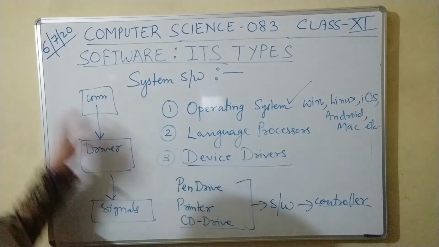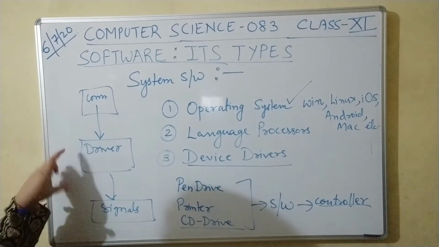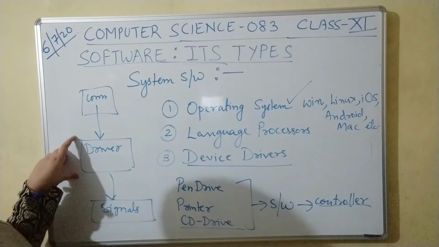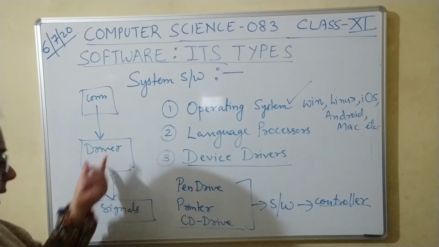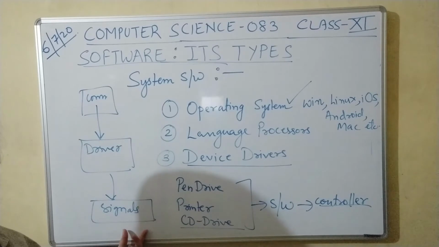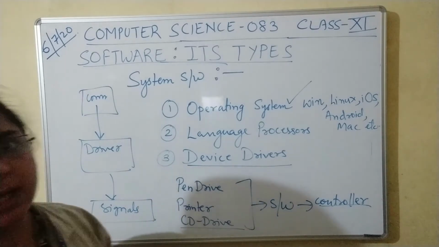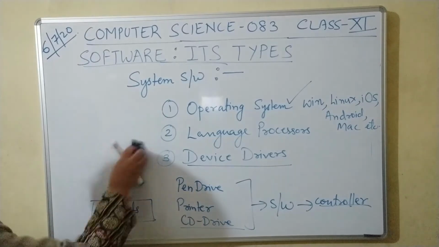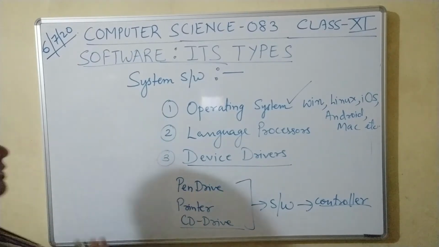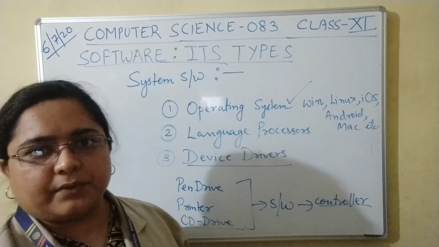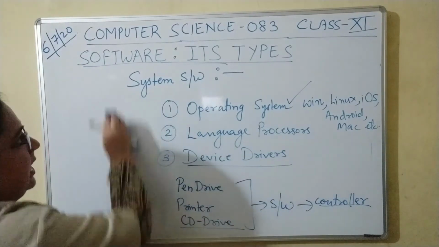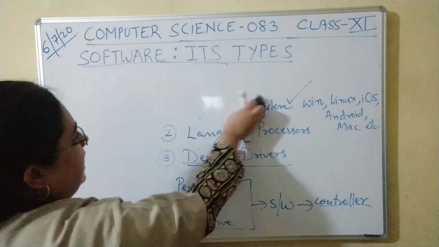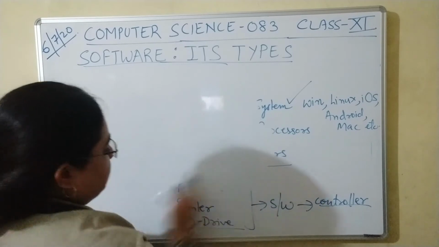So you give a command to print, and the printer's driver, the printer's software, will take that command, interpret it and send it to the printer to carry out the task. These types of software which you just saw come under the category of system software. The next type of software are the application softwares.